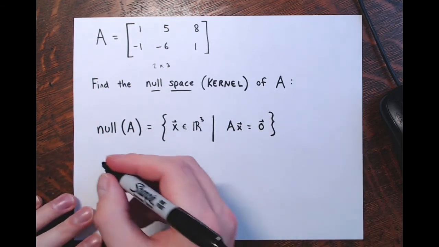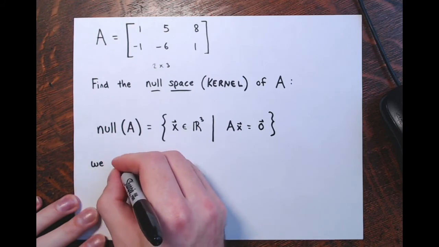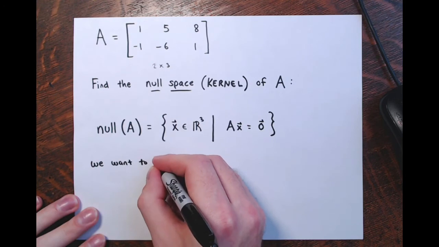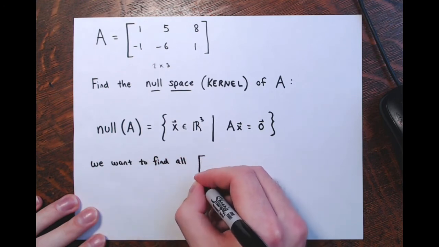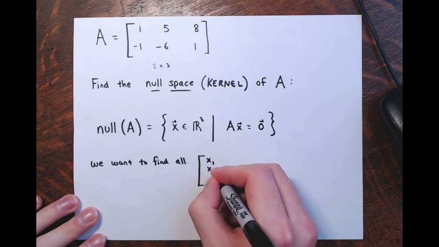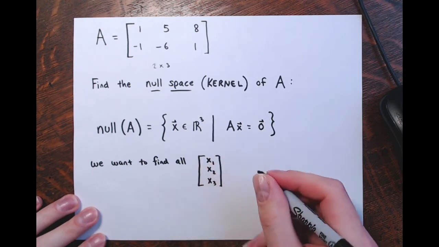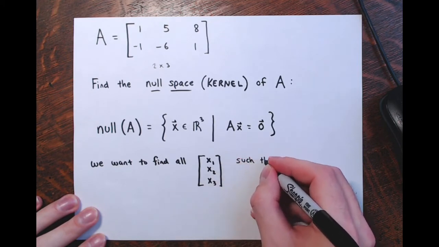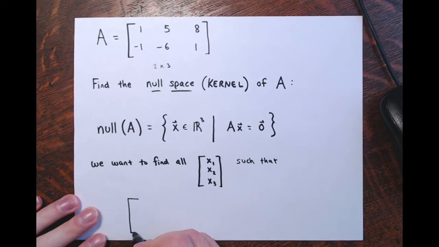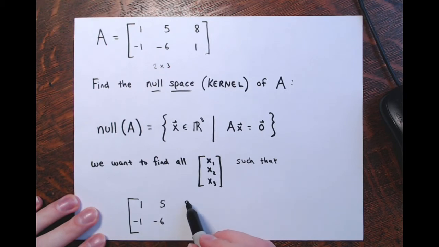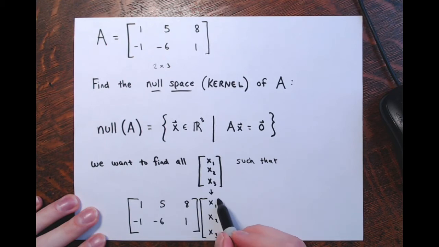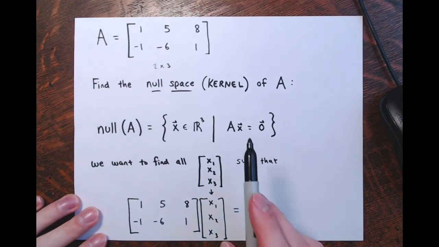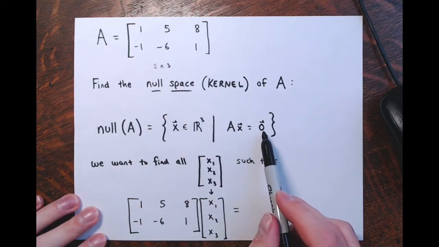In other words, we want to find all the vectors from R3, say with components x1, x2, x3, such that A, this matrix A, times these vectors that I'm looking for, these vectors with 3 components here, is equal to, oh I'm sorry, this would be from R2, the 0 vector from R2.